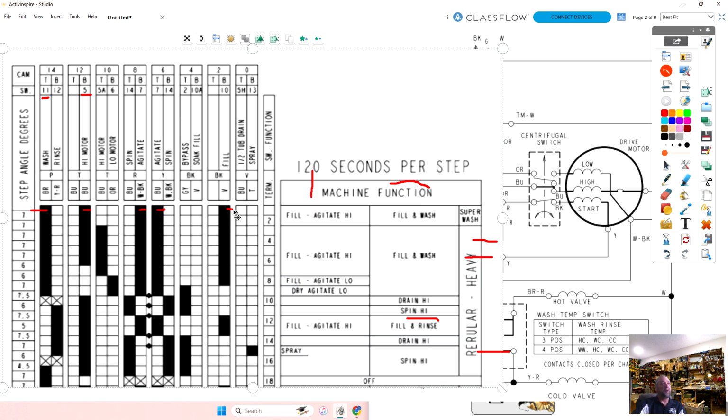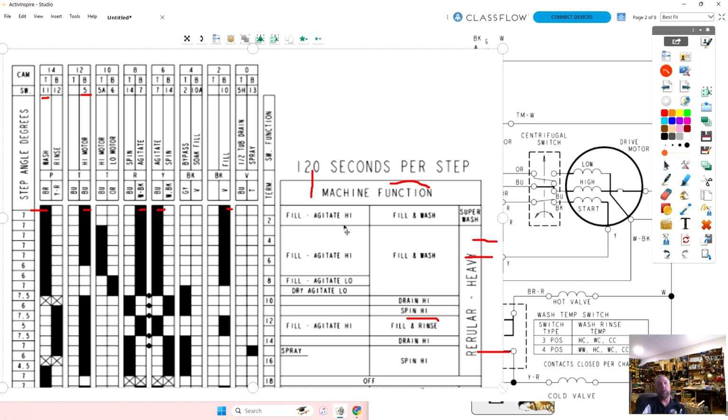On the very first increment, what is the machine's function? This is the cycle and the main part of the cycle. That's the super wash cycle. That's the regular heavy cycle. That doesn't really mean a lot, but it tells you what portion of the timer dial you're on. But if we look, the machine's either going to fill or it's going to agitate, which is also known as wash, on high speed.